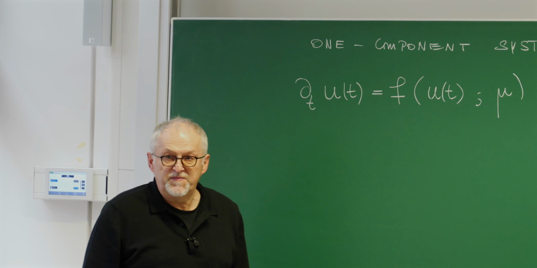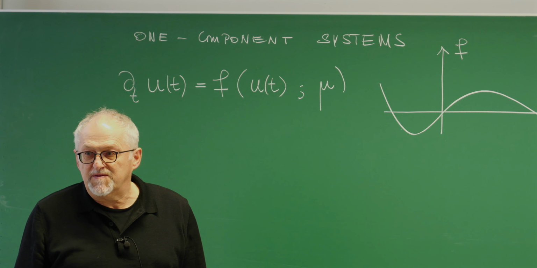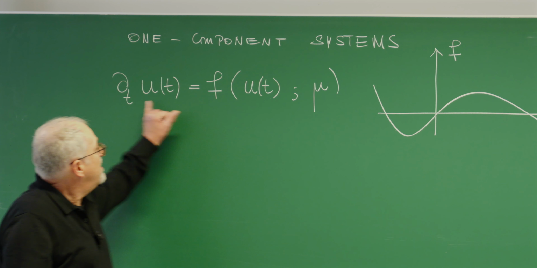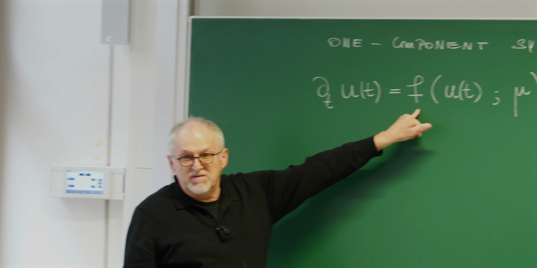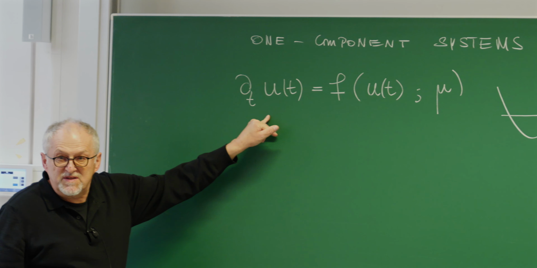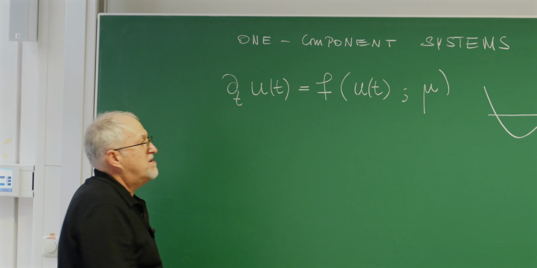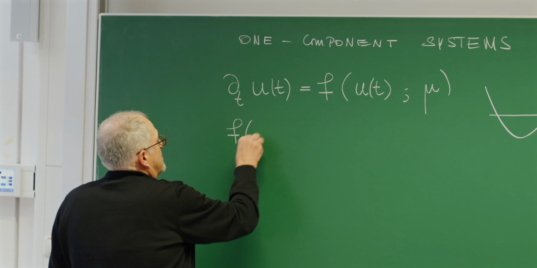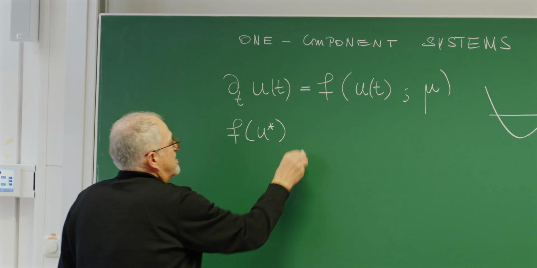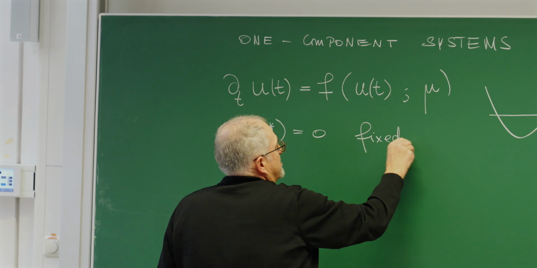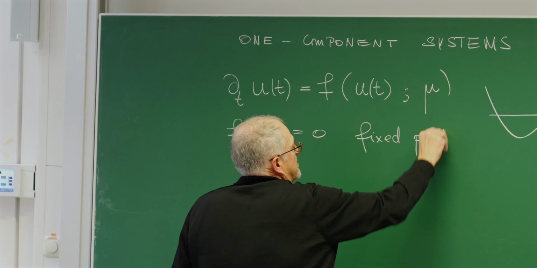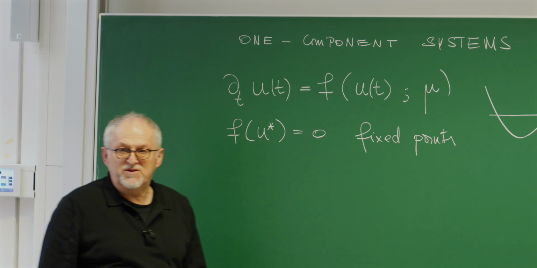Now, what do we know about the time evolution of that system without solving it? Well, if you look here at the equation of motion, if f is 0, then dtu is 0. So f equals 0 for points u star. Those are fixed points of this equation.